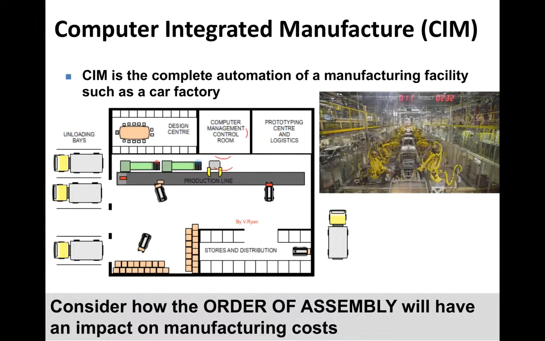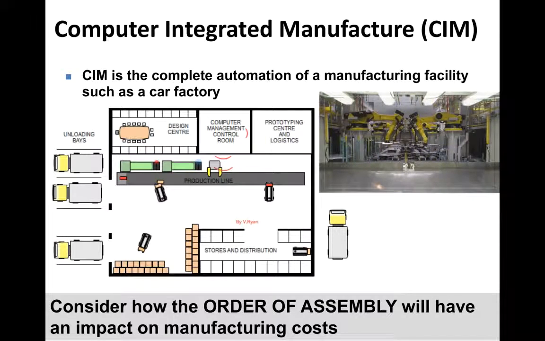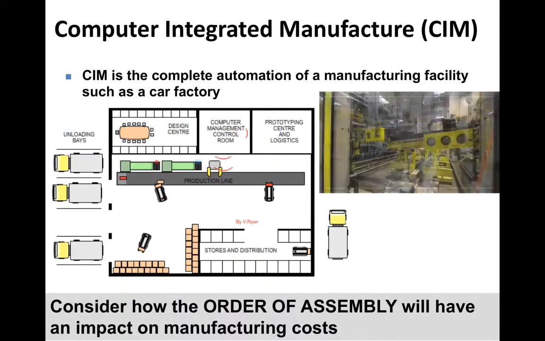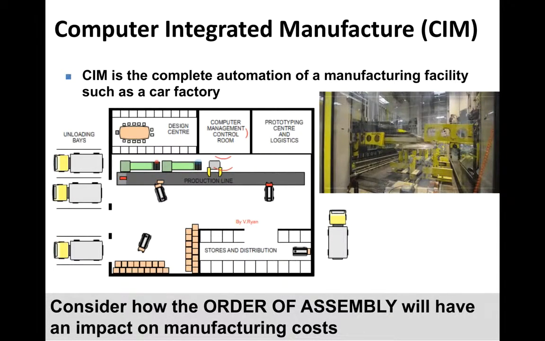The last thing you need to be aware of is something called Computer Integrated Manufacture, CIM or SIM. Now, CIM is where you completely automate a manufacturing facility. So for example, here we've got a car factory, and as you can see on the diagram, every step of the way is controlled by computers.